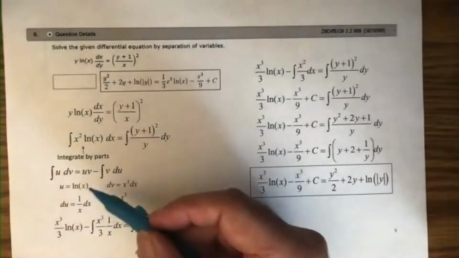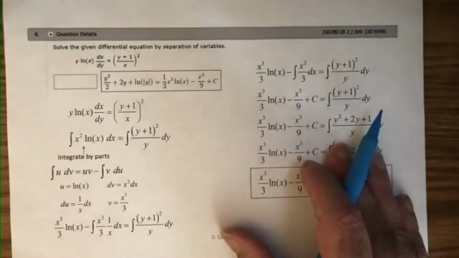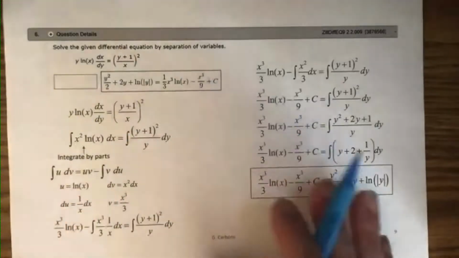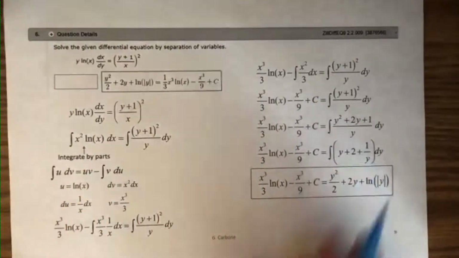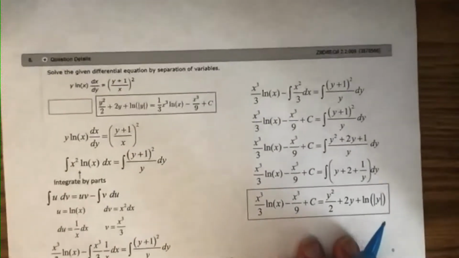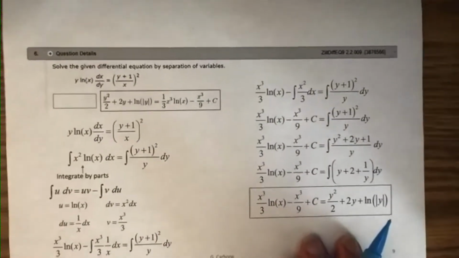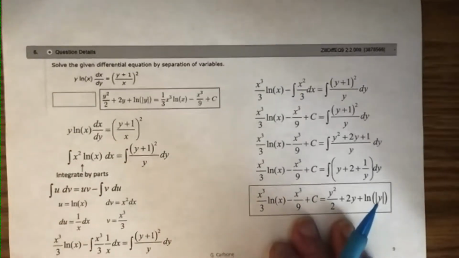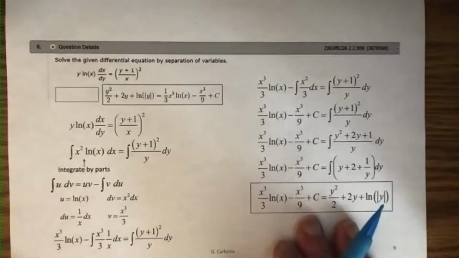If you choose them wrong, you're going to get something more complicated. If you end up making the dv this and the u that, so you want to choose your u and your v carefully. There are actually rules on what to choose for the u and the v. Maybe I can go over those rules.